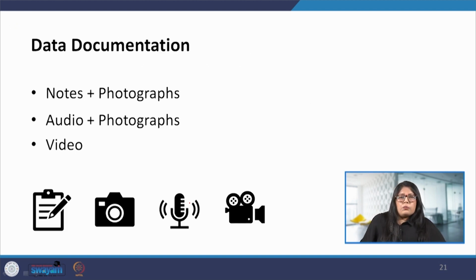Now, data documentation. While collecting data, there are several approaches that can be used, which will depend on the goal of the study and how the data will be used, the context, the time and the resources that are available. Also, the sensitivity of the situation will be important.